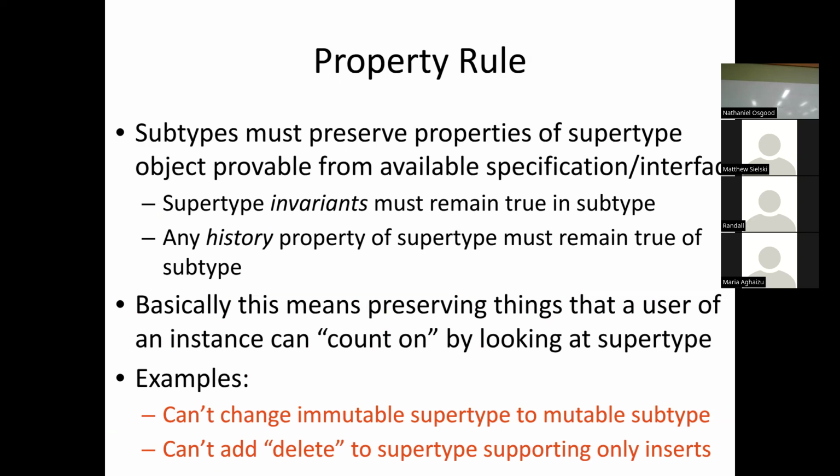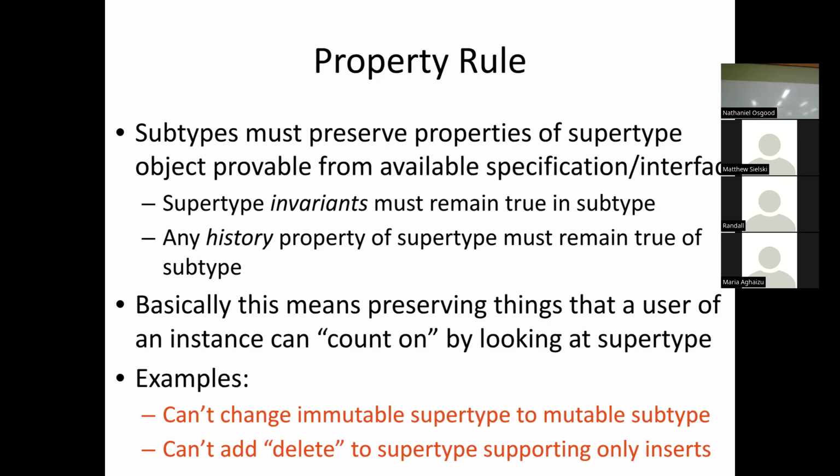More than that, history properties, things that you compare what's true at time t1 and a later time, anything that's guaranteed for the supertype, like that a counter only rises, either stays the same or rises, has to be maintained by the subtype as well.